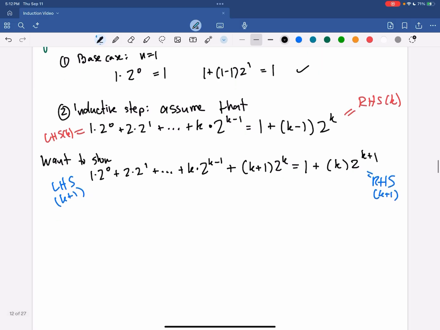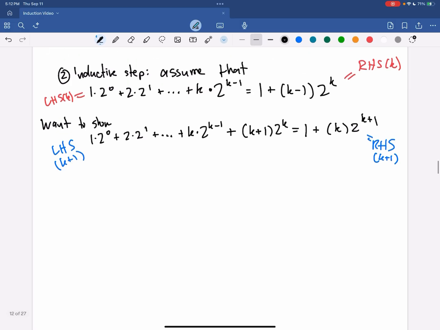Let's start with the left-hand side for k plus 1 because it looks so much like the left-hand side for k, right? We can match up these terms and we can see that the entirety of the left-hand side of k is contained there. We've just got this extra term. And so let's start with that.